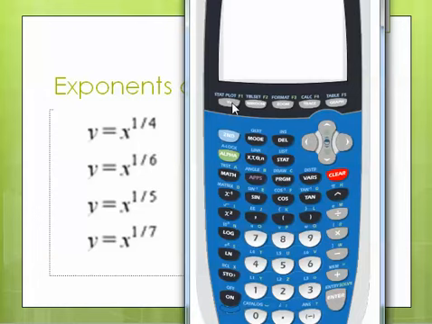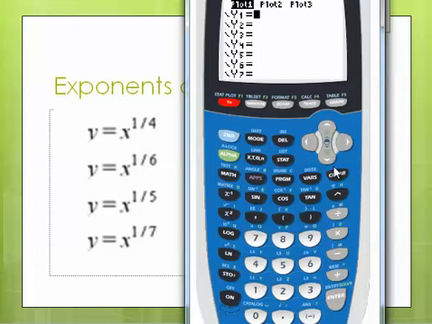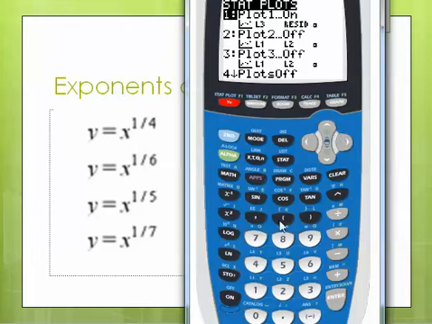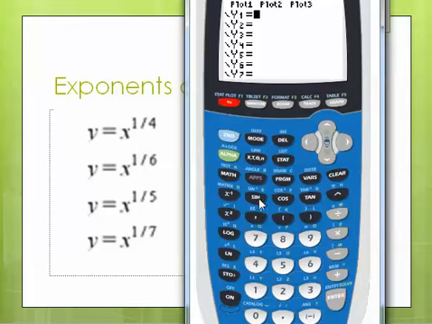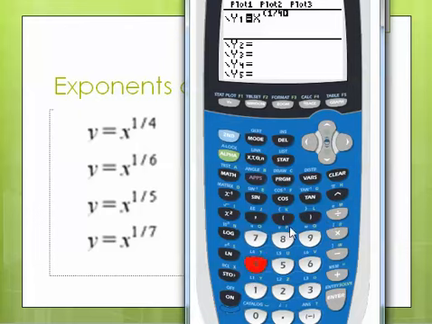In the lesson, they actually ask you to come out here to this. I'm going to turn that plot off so that we don't see that. Now, it's asking us to go out there and plot x, and I'm going to push this little button right here, which says raised to the power. I'm going to put a parenthesis in here, put 1 divided by 4.